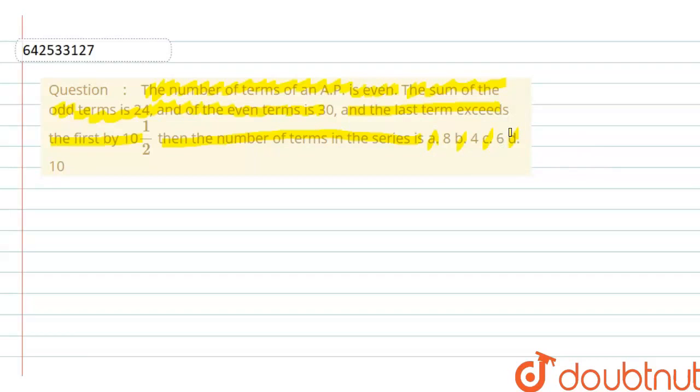Okay, since it is given in the question that the total number of terms is even, I'm assuming the total terms to be 2n, because they're even.